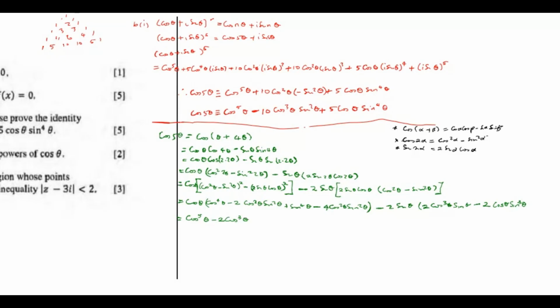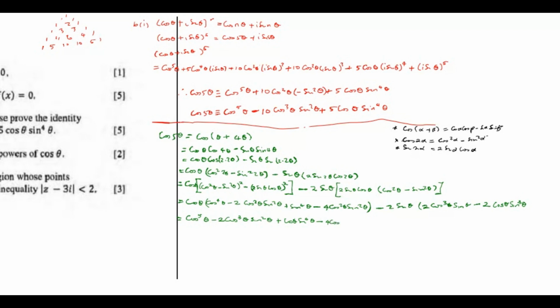Here it's going to be plus cos theta sine to the power 4 theta. Then here it's going to be minus 4 cos cubed theta sine squared theta.